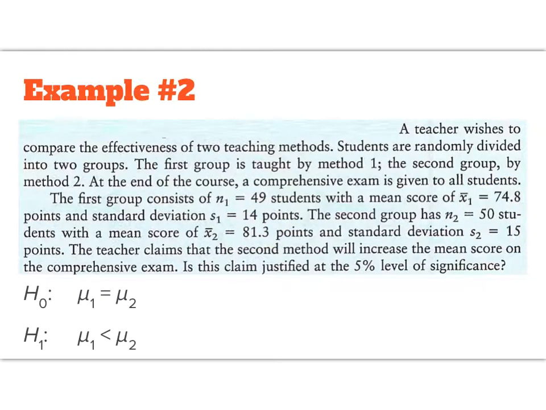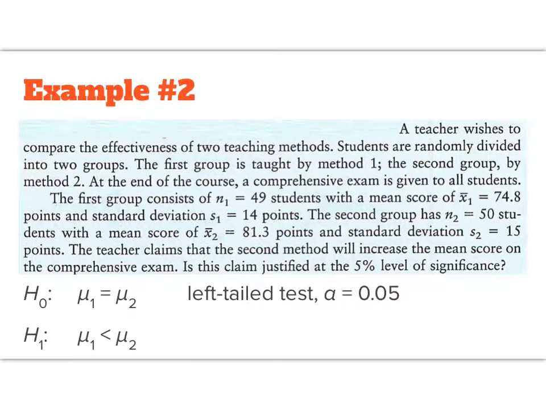First off, let's set our hypotheses. The null hypothesis is, as always, that mu1 and mu2 are equal to each other, that there is no difference between them. The alternate hypothesis is that mu2 is better, that we are stating that the first group performs worse than the second group. That's why it's mu1 is less than mu2.